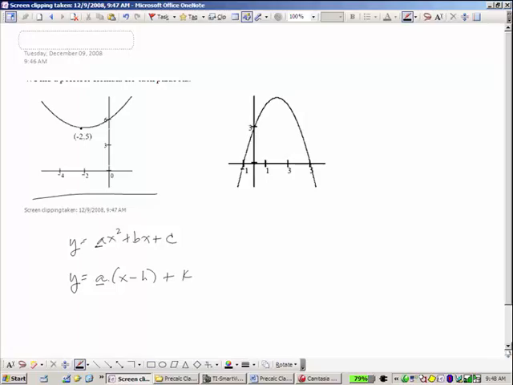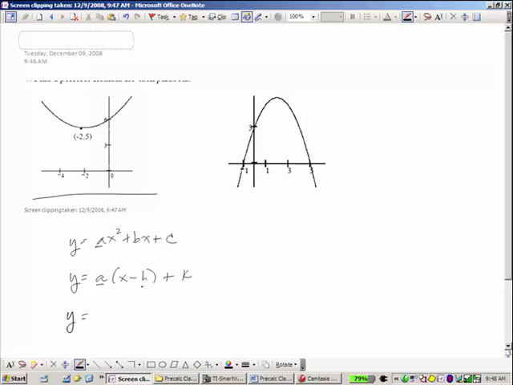What's it screaming to you, Travis? It's totally screaming vertex form to you. So, Travis, call on someone to pick this parabola and tell us what to plug in where. Okay, I'm not quite sure, but I said 1/2. I don't want that yet. Oh, okay. Plug in where?